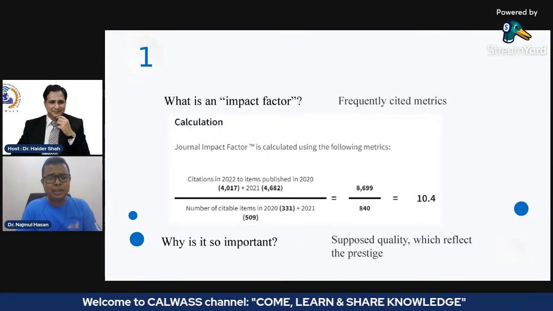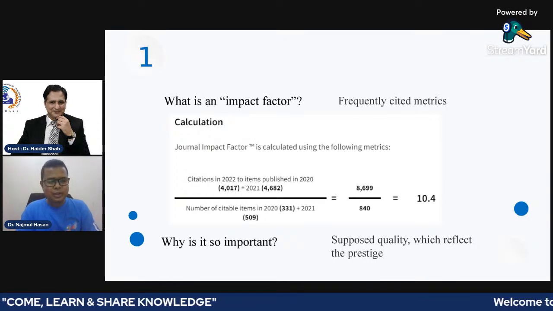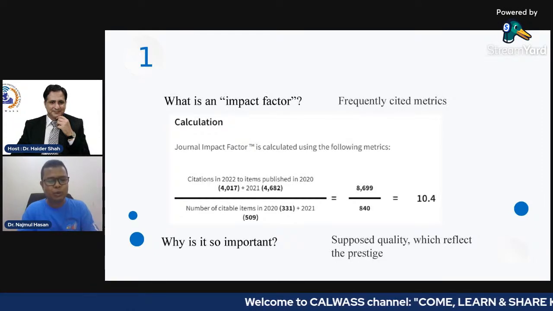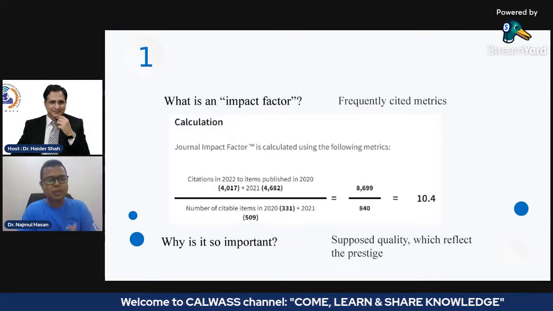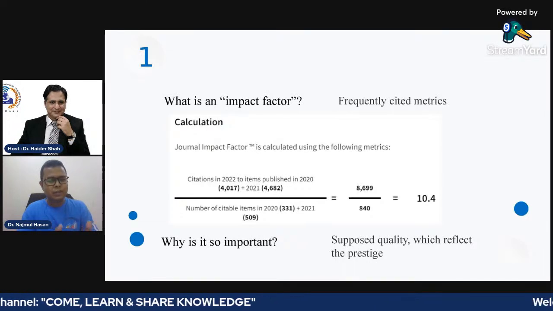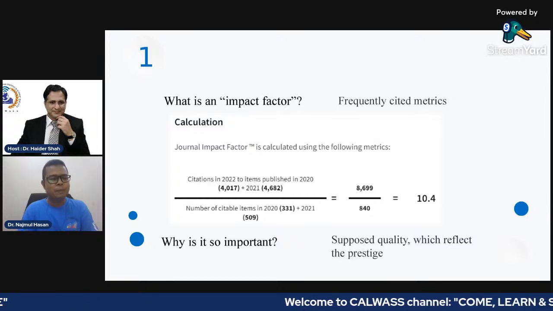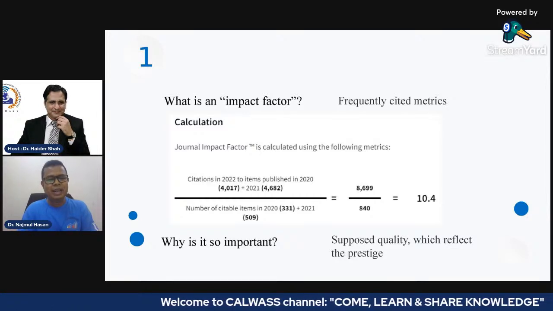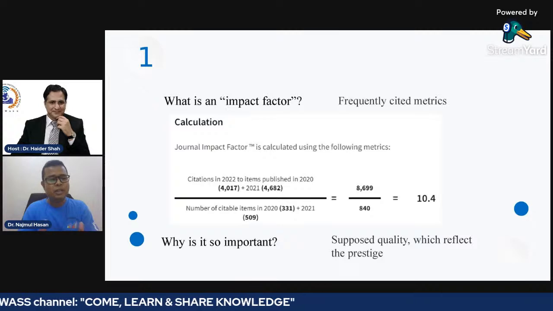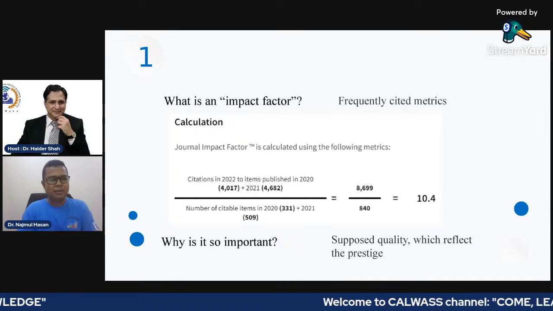First of all, let me explain what the impact factor is. If someone would like to calculate the impact factor of a journal for 2022, he or she has to count how many papers were published in the last 2 years, 2020 and 2021, and take the ratio with how many citations that journal got in 2020 and 2021, and divide.